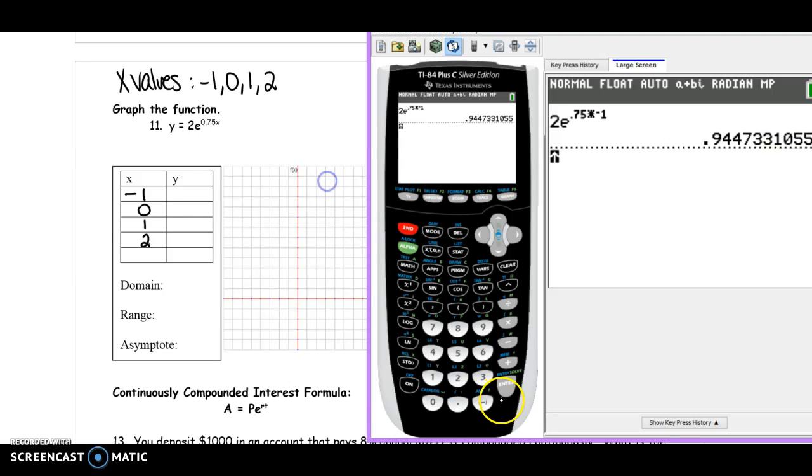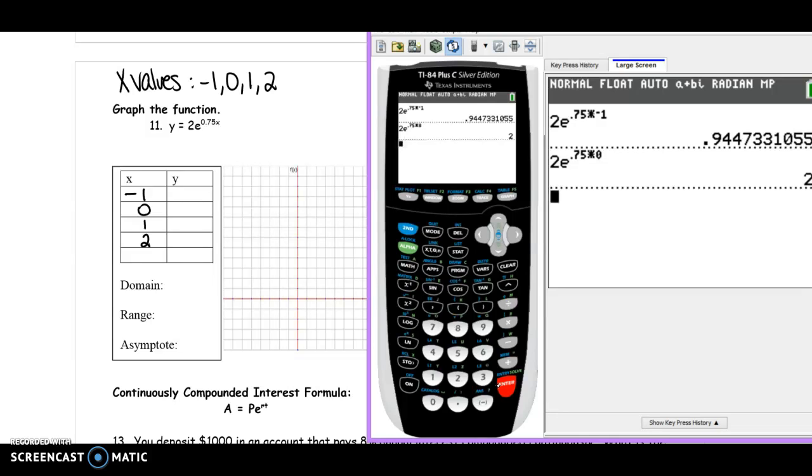Then re-enter it, or do second enter to put it back in your calculator, and change the -1 to a 0, and write that number down in your table. So you can plug this in 4 times to get all of these numbers in your table.